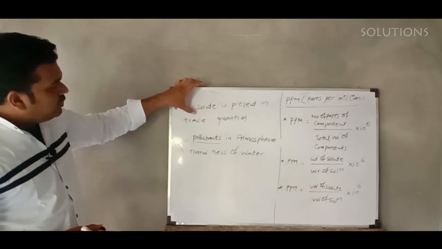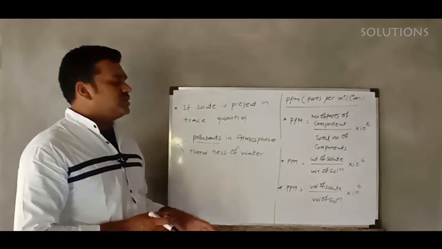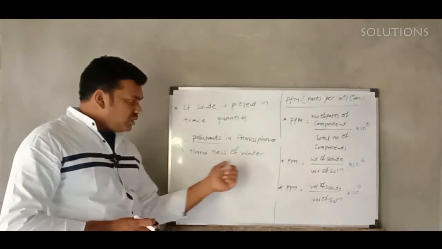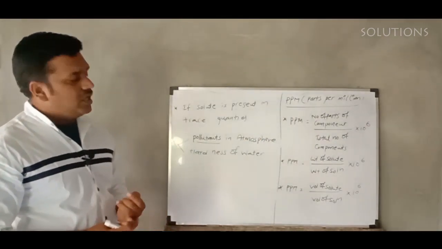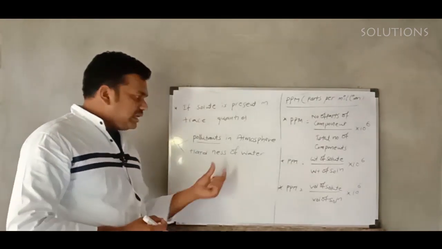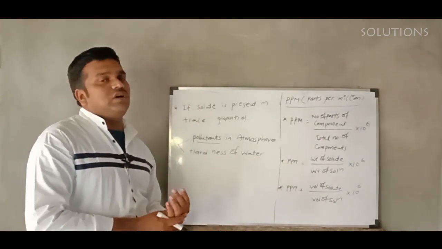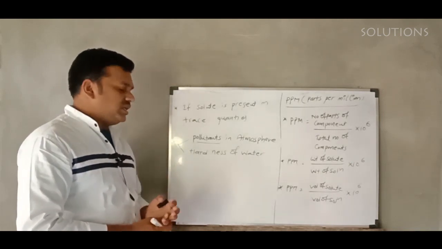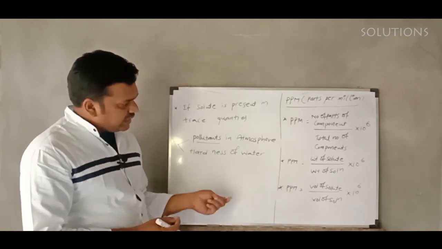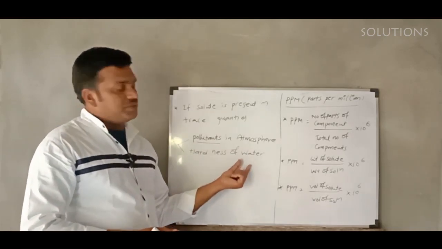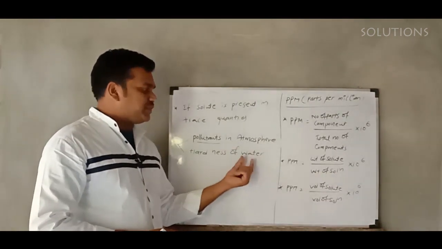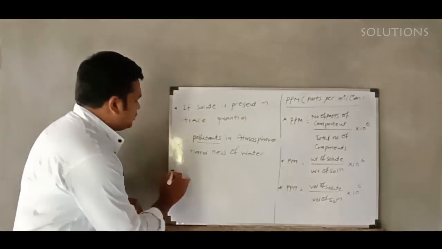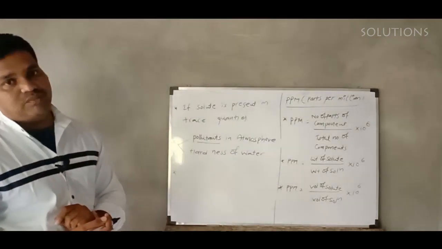The quantity of the pollutant is very less, in trace quantities, so we can express pollutants in atmosphere by ppm. Hardness of water is because of soluble salts like chlorides and fluorides present in the water in very small quantities. So that concentration we express in ppm.